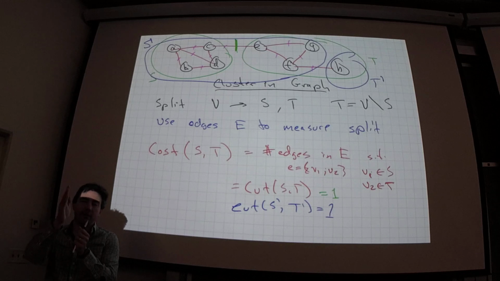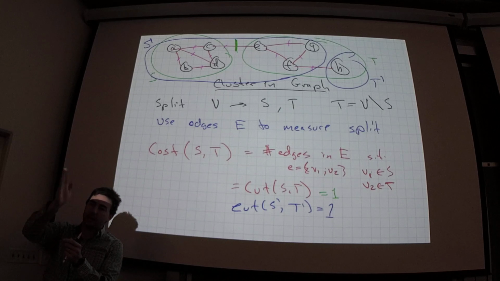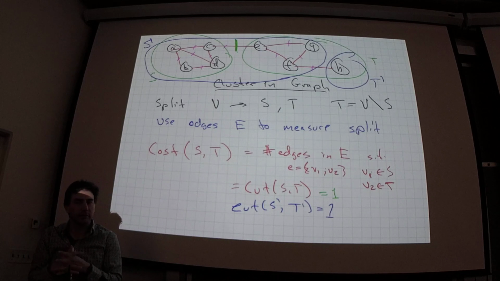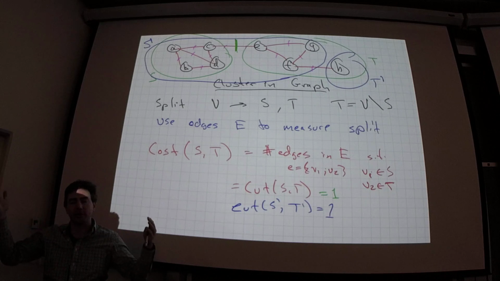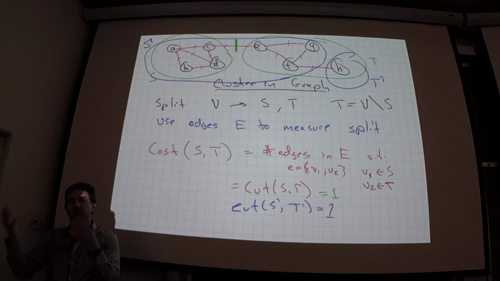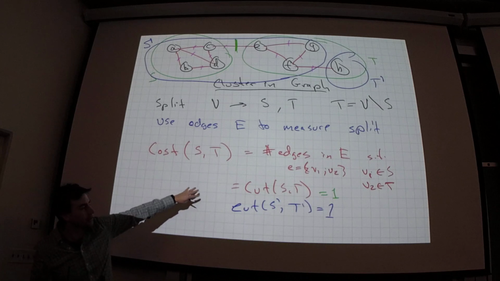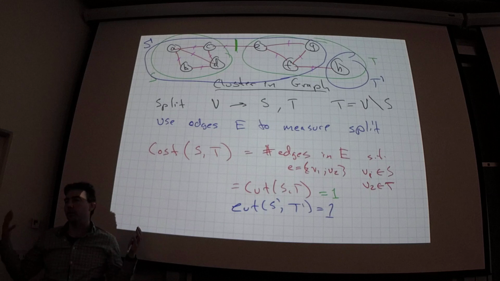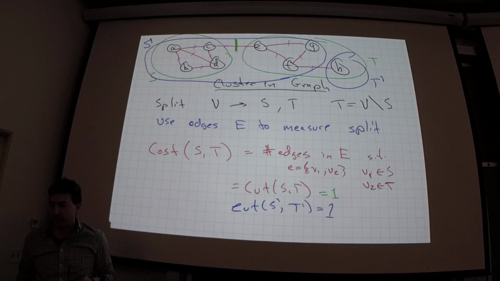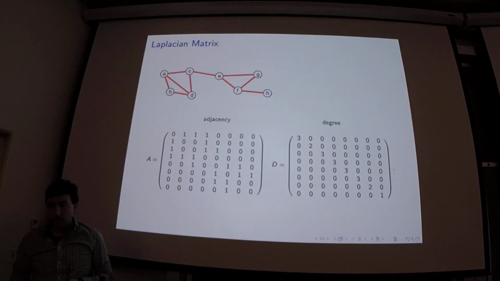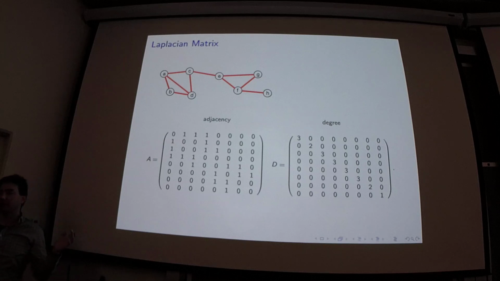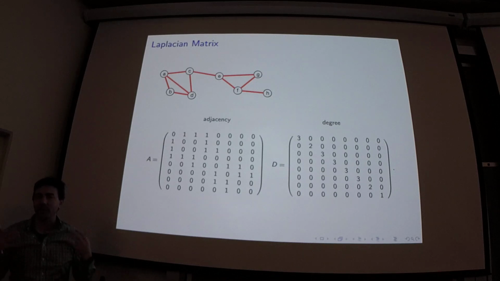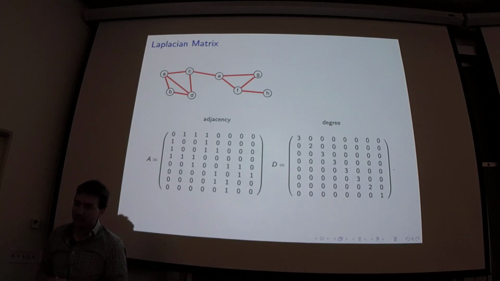Okay, but you can find the max flow, and the min cut corresponds with the max flow, but that's the wrong measure. That corresponds with this, which is not stable to these little outlier points here. Okay, so for the normalized cut, this becomes a little bit harder. Okay, but these spectral methods, which we'll talk about next, are going to give us a way to do this.